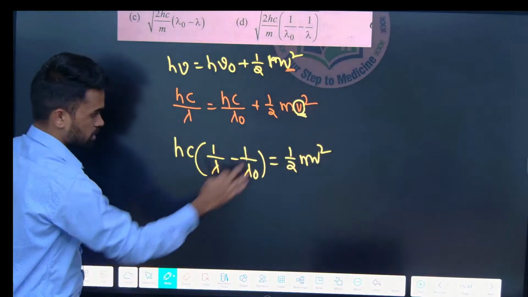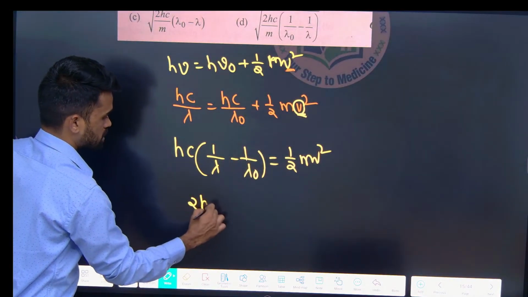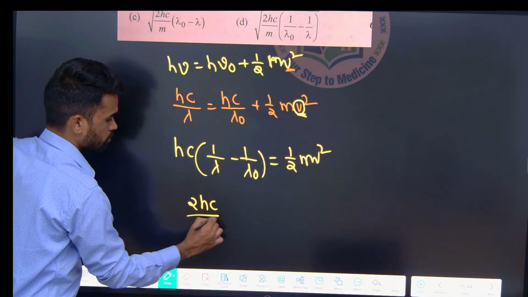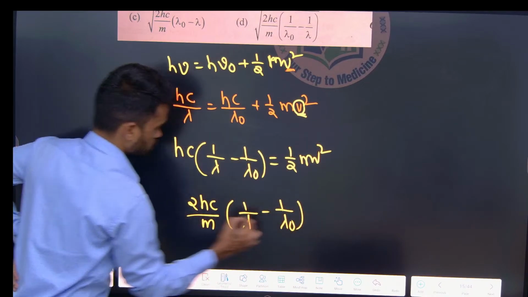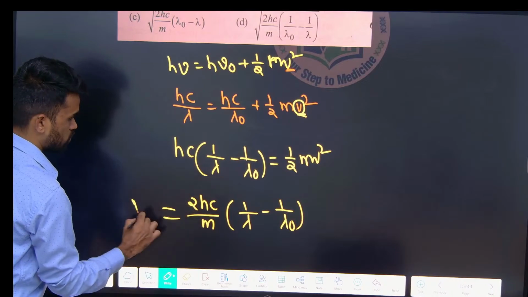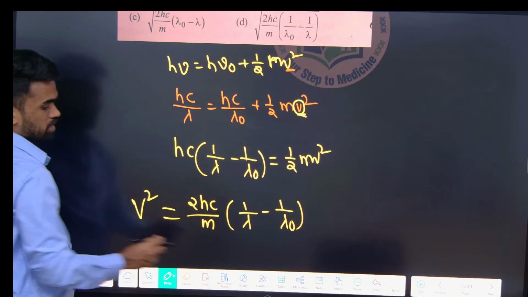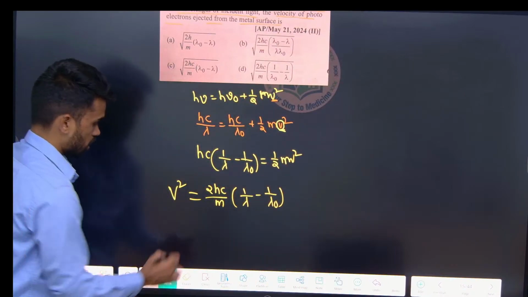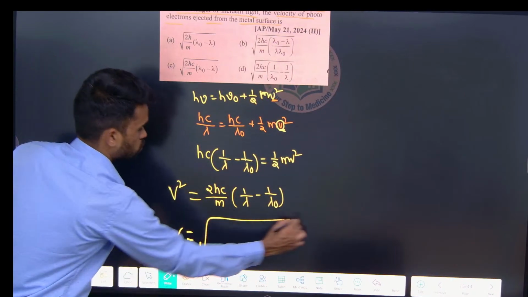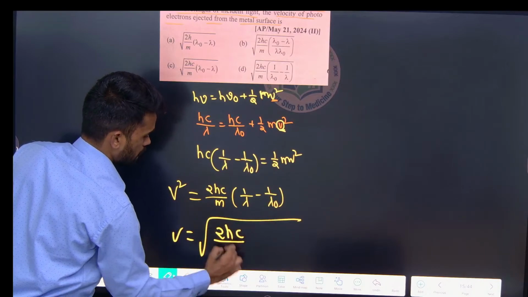Sending that to this side, 2hc by m, 1 by lambda minus 1 by lambda naught, which equals v square. And after this, they are asking only velocity, so I can write v equals root over that expression by m.